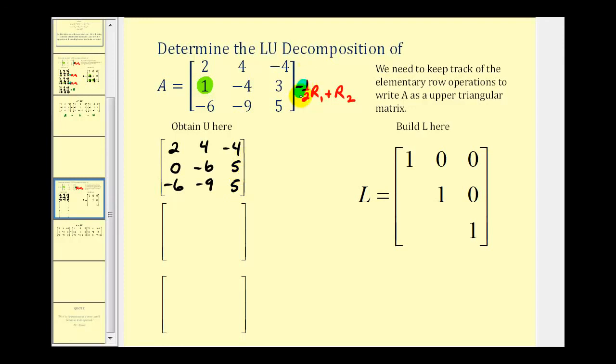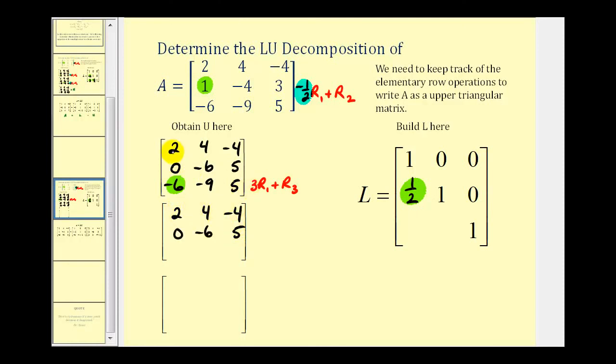Our multiplier is negative 1/2, so we're going to put a positive 1/2 in row 2, column 1 of our lower triangular matrix, which is here. So this element is positive 1/2. To obtain a 0 here, let's replace row 3 with 3 times row 1 plus row 3. First two rows stay the same.